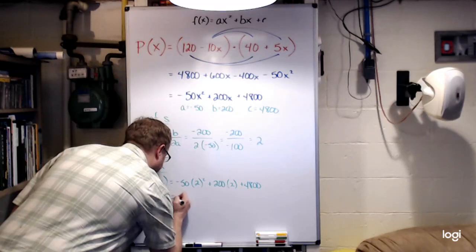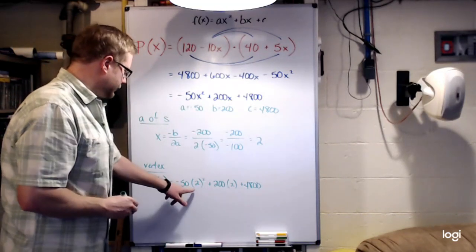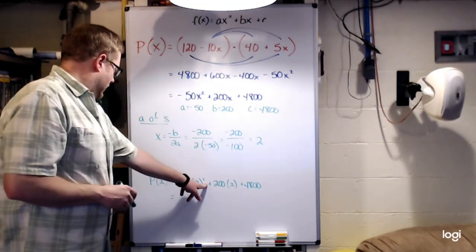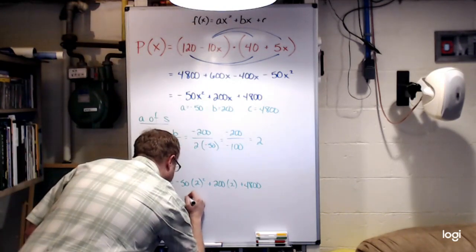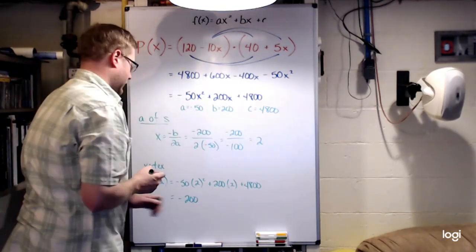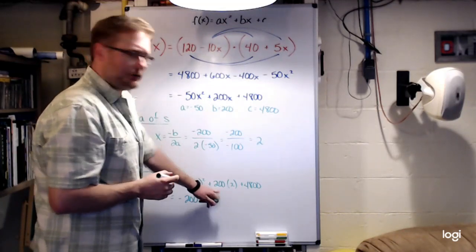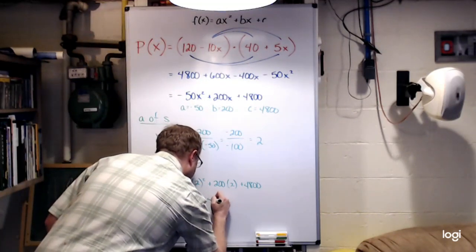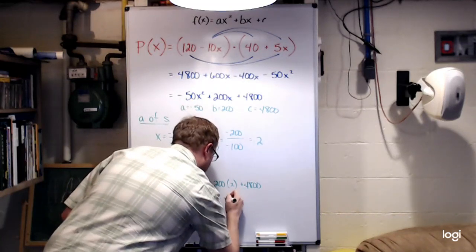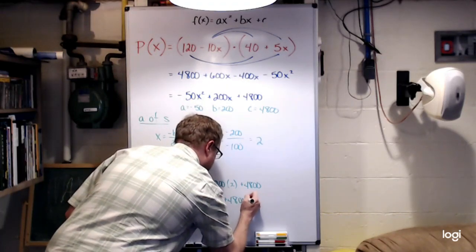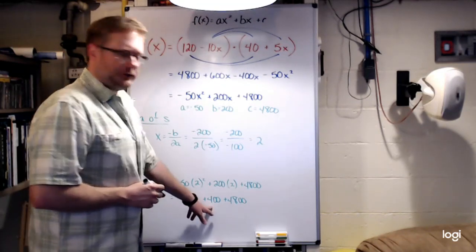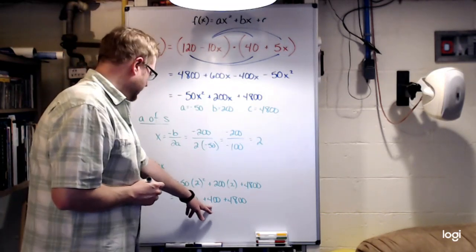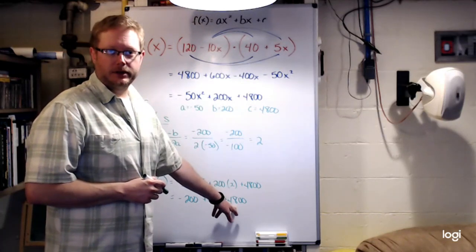Let's go ahead and simplify that. 2 squared is 4. 4 times negative 50 is negative 200. 200 times 2 is 400. And you've got 4,800. Negative 200 plus 400 is positive 200. 200 plus 4,800 is 5,000.